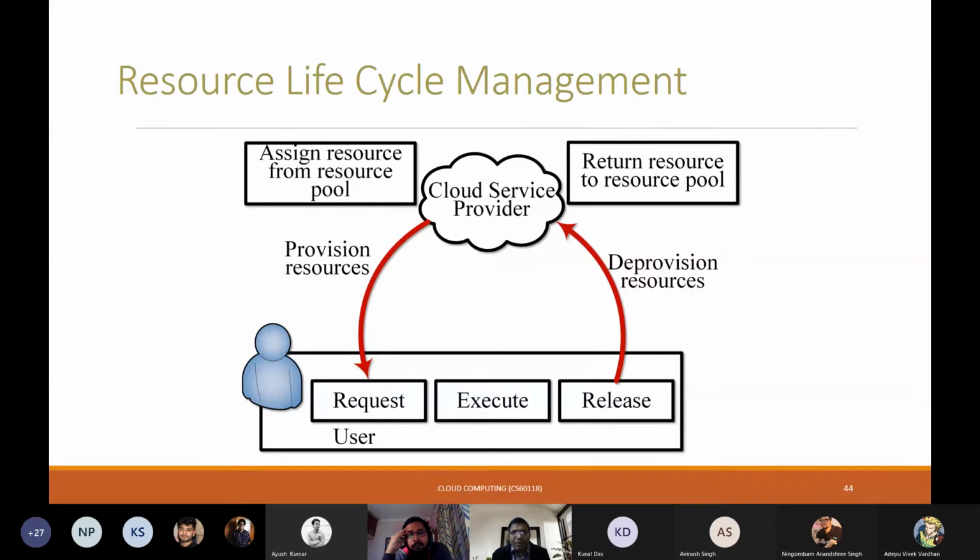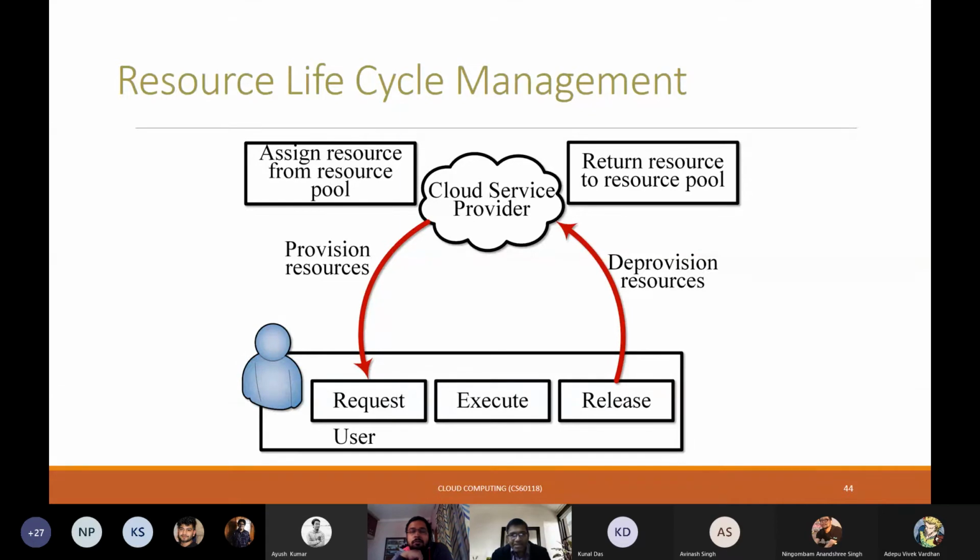So this is how the resource life cycle is managed, and this is how it looks. With the help of a cloud service provider, these resources are provisioned. Provisioned means you assign the resources from the resource pool to the end users based on their requests.